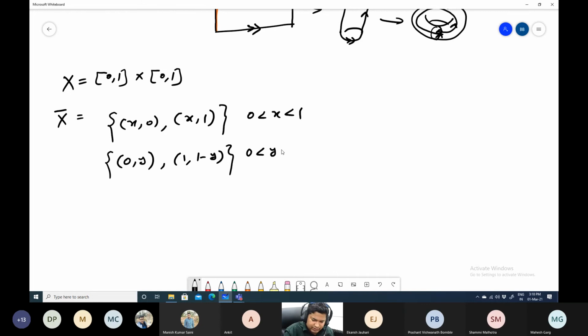So 0 less than y less than 1. Now trivially same, we have 4 points, and remaining points x y.